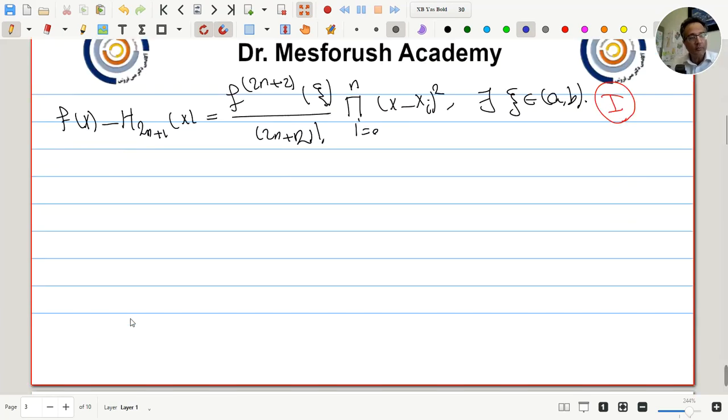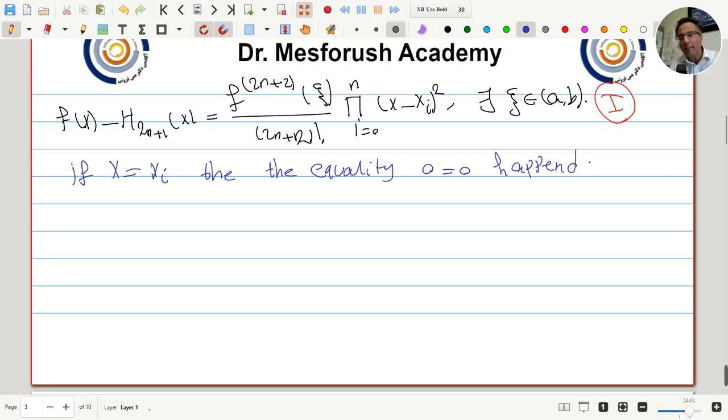Okay, so let me write it. If x be equal to x_i, then the equality 0 equal to 0 happened, and it's okay. So let x not be equal to x_i and define.